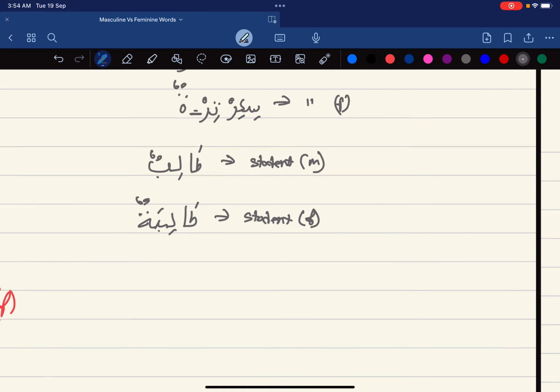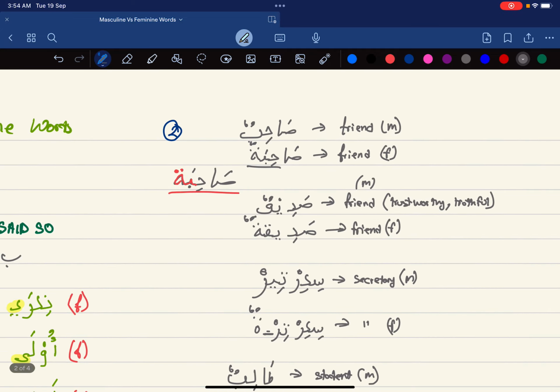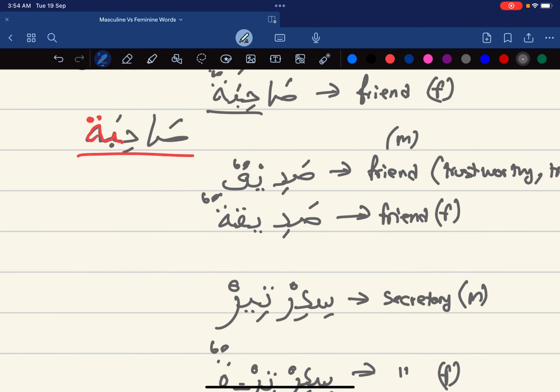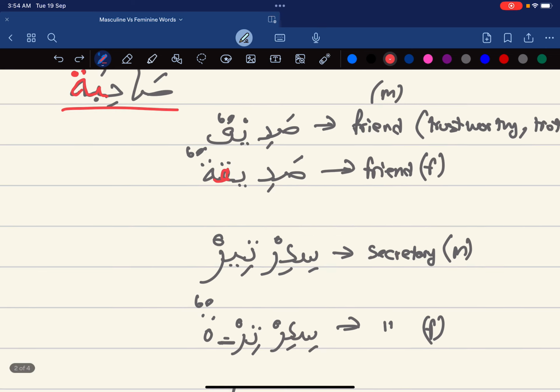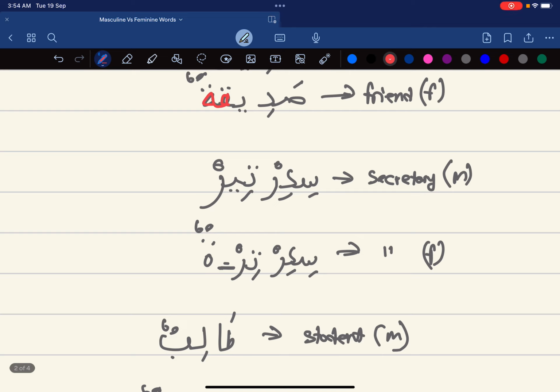It's like a sequence. صاحب صاحبة. صديق صديقة. سكرتير, right?